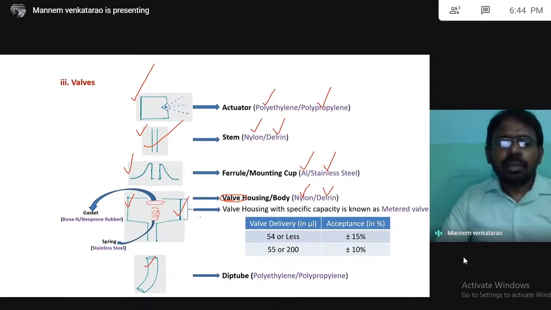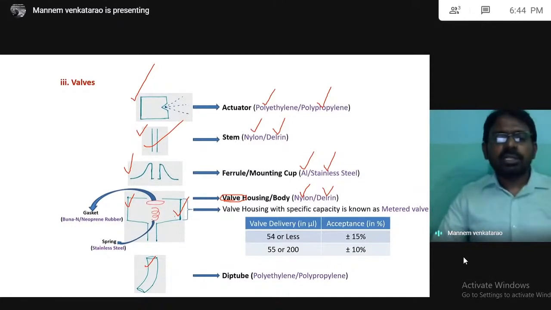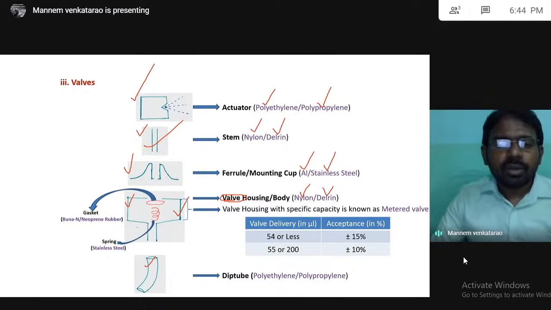Another important point regarding the valve housing: observe, this is the chamber. First, the aerosol product moves up through the dip tube and enters the chamber, where it is stored. That's why it is a guest house for the liquid and also the stem.